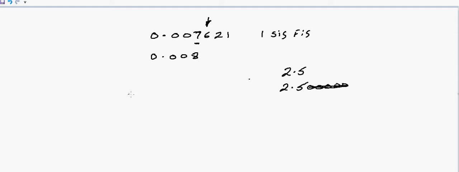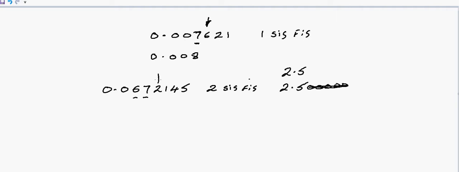Okay, so if we have 0.067214, okay, that looks fairly horrific. And we have two significant figures. Well, we come along until we get a significant figure, which is 6, and we want two of them, so we go 1, 2.